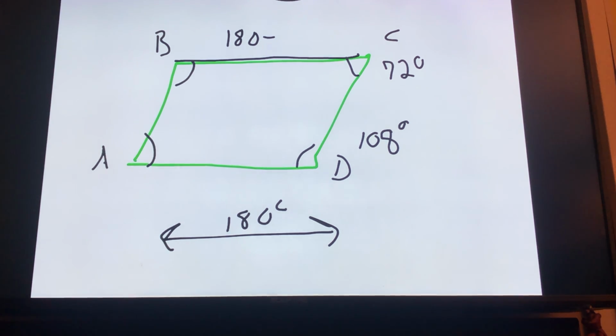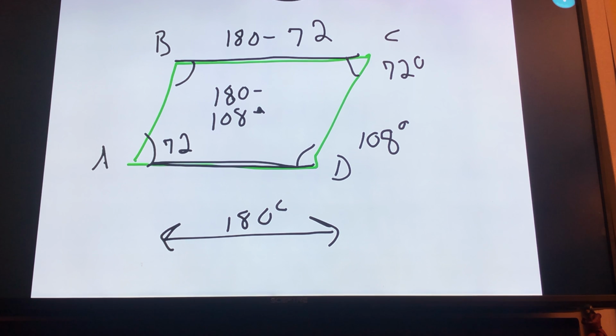It tells me here, if this is 108, then that has to be 180 minus 108. And so that gives me 72 here if I subtract, and that gives me, what do you guys think over here? 108.